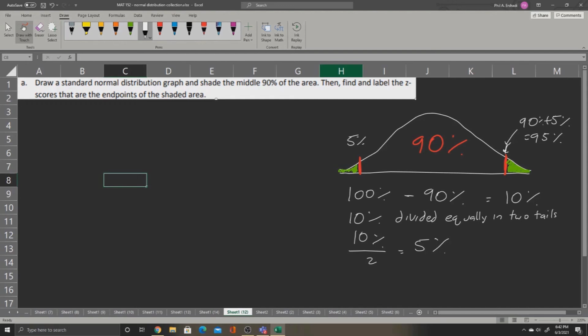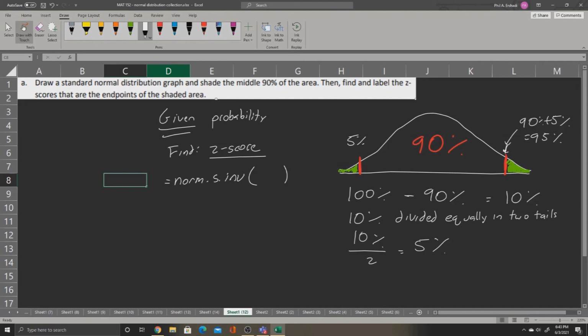Now, notice that this time we were given probabilities and asked for z-scores. Last time when we were given a probability, we used norm inverse, and this gave us an x value. This time we're not asked for x value, we're asked for z-score. So this is similar, but instead we'll use norm S inverse.